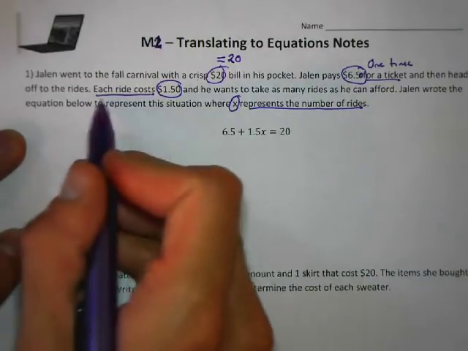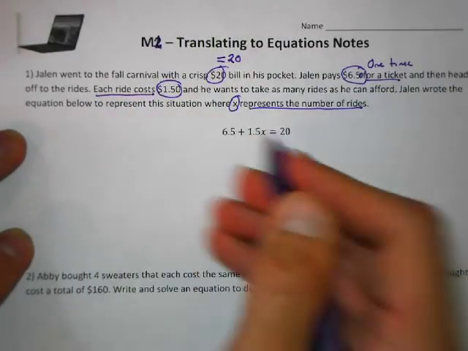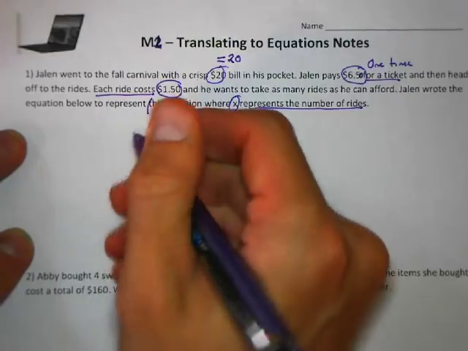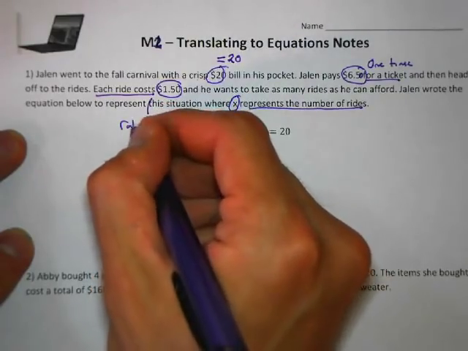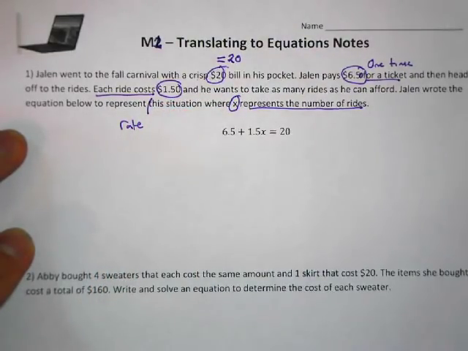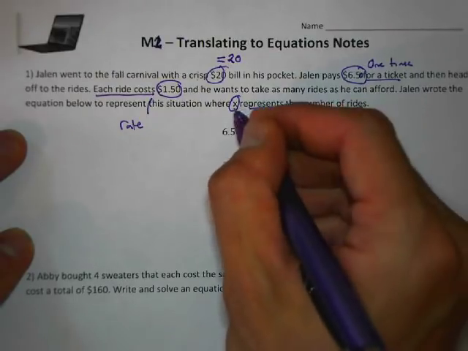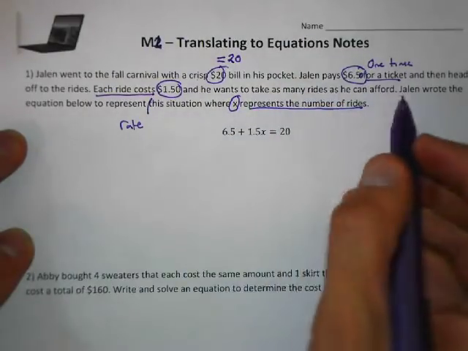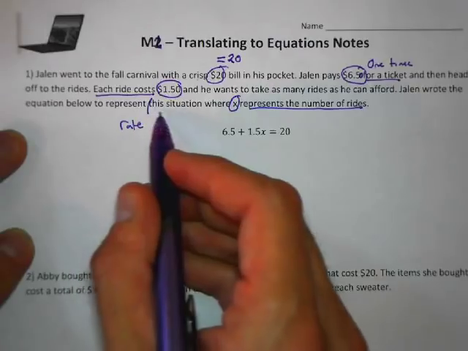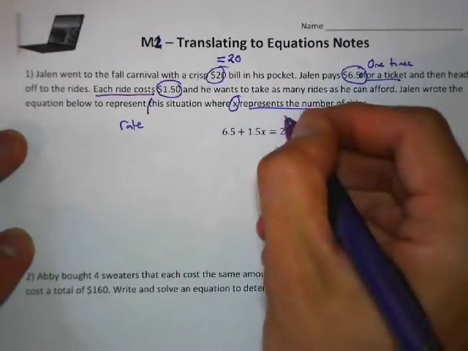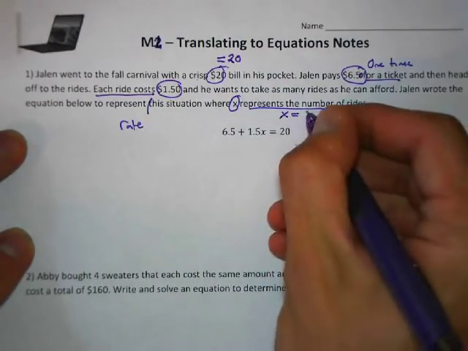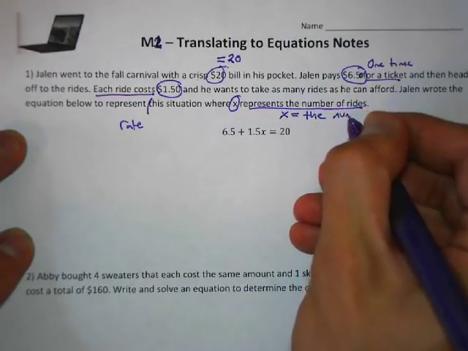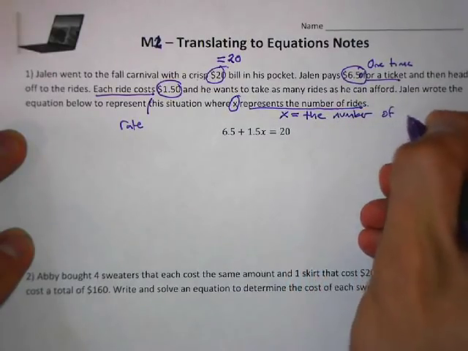Okay? And then he heads off to the ride. Each ride costs $1.50. Well, that's a rate. He's doing that every time he takes a ride. And then, as many rides as he can afford. Jalen wrote the equation below to represent the situation where X represents the number of rides. X equals the number of rides.